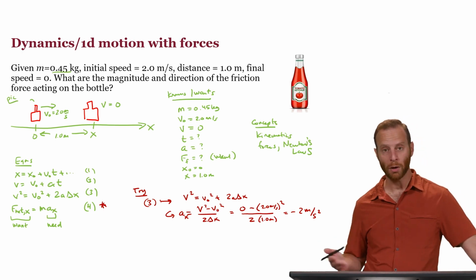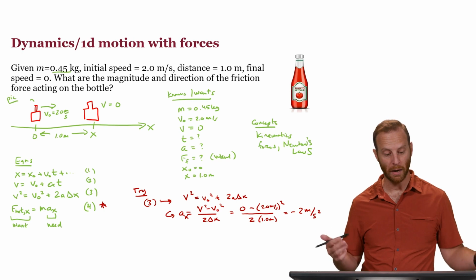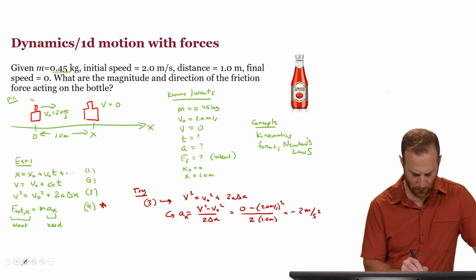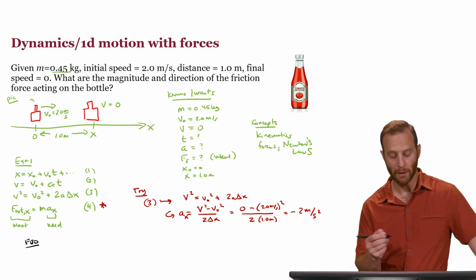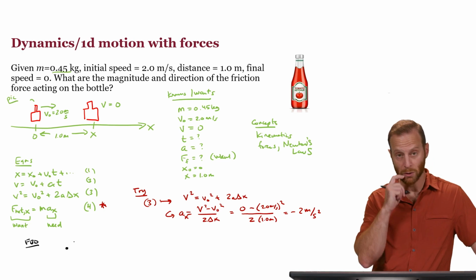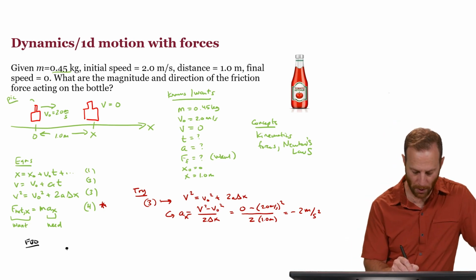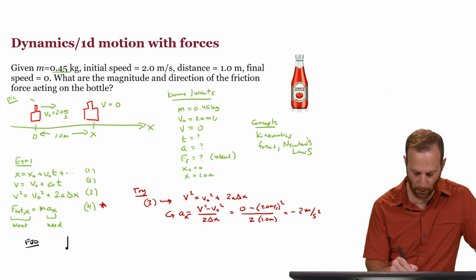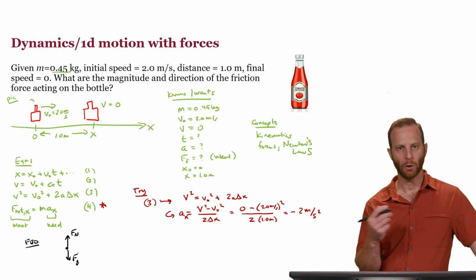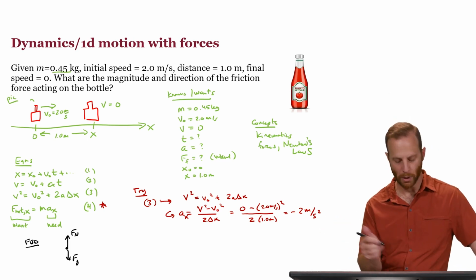What I haven't drawn yet is a free body diagram for this scenario, so let's do that in a different color. The free body diagram that will help me figure out the net force looks something like this. This dot represents the ketchup bottle. There is a gravitational force and a normal force acting on the bottle, but we don't need that information, because they cancel since the motion is only horizontal.